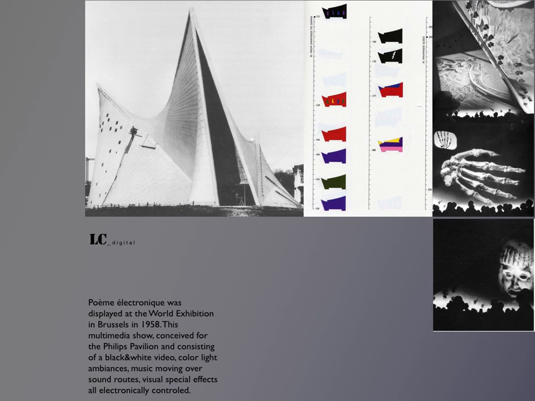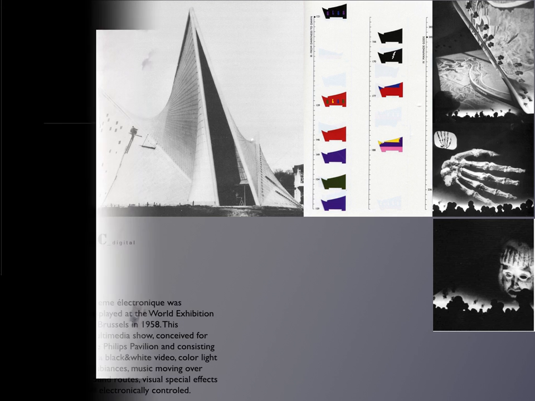So this was largely black and white projection of slides and video, at the time probably film, and some color lights as well, and music, and very carefully positioned speakers throughout the space. It was kind of an immersive space, and surprisingly enough for 1958, it was electronically controlled.